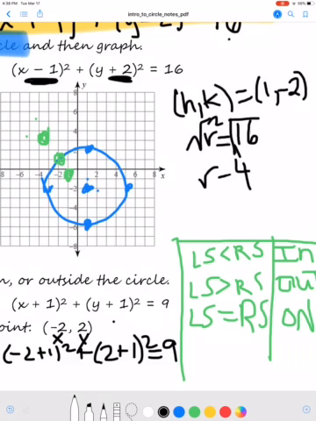Again, I would type that left side straight into your calculator as you see it. Negative 2 plus 1 is negative 1. Negative 1 squared is 1. Plus 2 plus 1 is 3. 3 squared is 9. So you should get 1 plus 9, which is 10. And we're comparing 10 to 9. 10 is actually greater than 9. They aren't going to be equal. So we have this left side, 10, greater than the right side. Therefore, this point will be outside the circle.